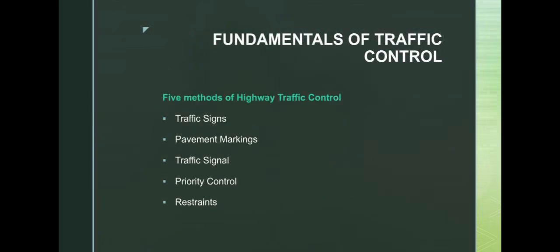There are 5 methods of highway traffic control. First is the traffic sign. Traffic signs are the most extensively used traffic control, not only in the United States but also here in the Philippines.